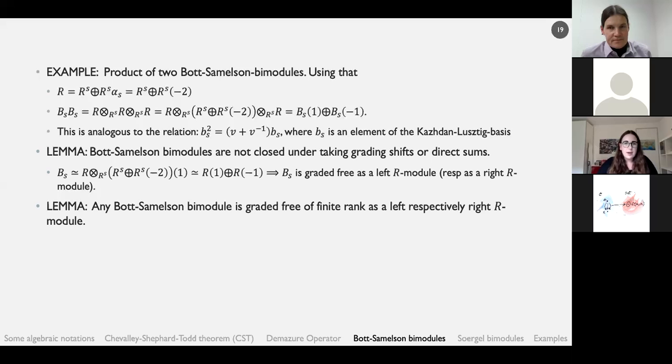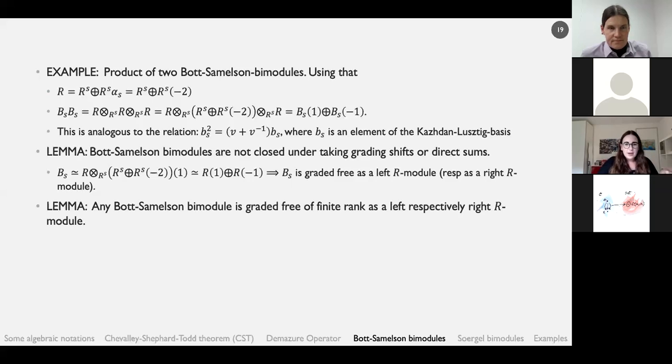In the same way, with the same computation, BS is graded free as a right R module. From this, we can conclude that tensor products of bimodules which are free of finite rank as left, respectively right R modules, are again free of finite rank as left, respectively right modules.